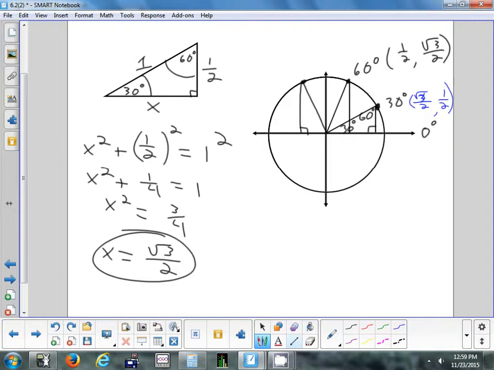Negative 1/2, and then square root of 3 over 2. Yep, negative 1/2. Perfect. And what would be the degree of that? Yeah, that would be 120. So remember, this part is the big angle. This is 60 in here. So this part is 30 plus the 90. So we just found the coordinates for 120.